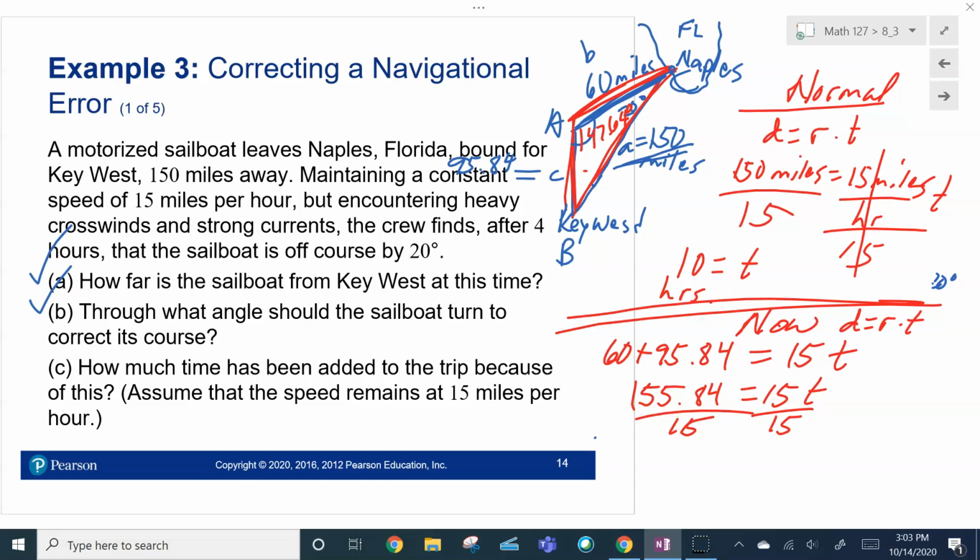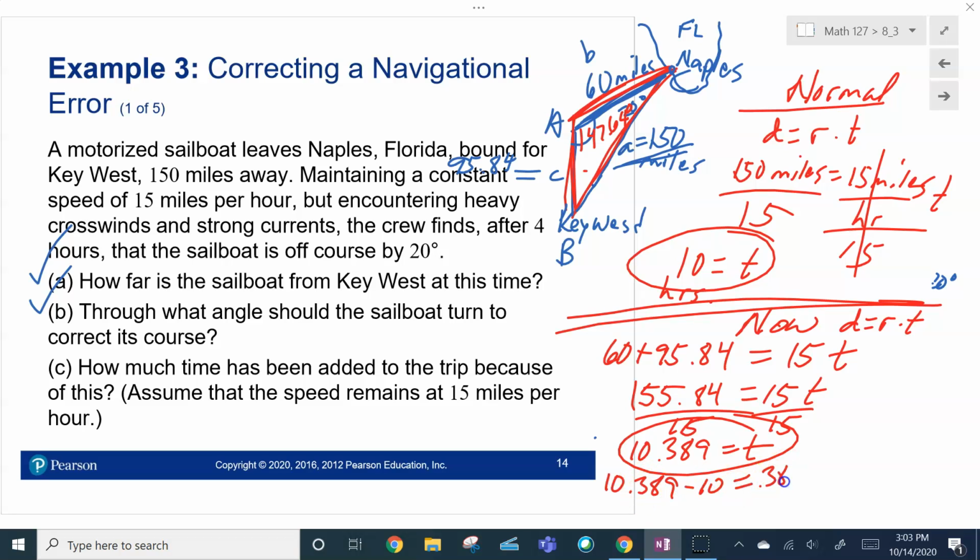It looks like it's 10.389 hours in total, because we caught it after 4 hours. So what's the difference? Well, 10.389 minus 10 is 0.389 hours extra.